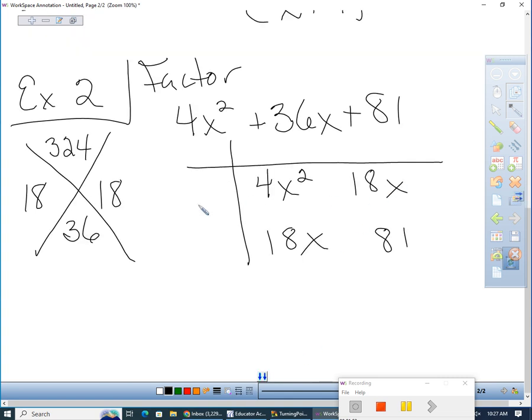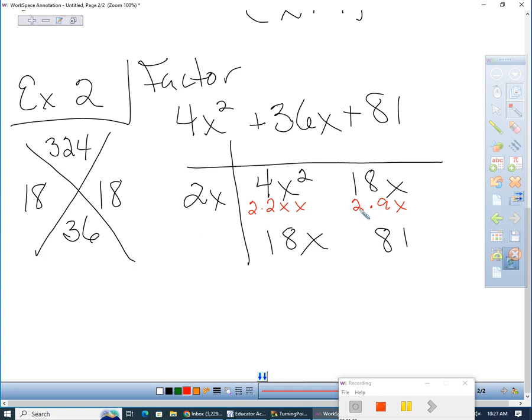Out of the top line, what do I have in common in both 4x squared and 18x? 2x, I agree. I can't take 4 out of 18, right? You can think of it this way: this is 2 times 2 times x times x, and this is 2 times 9 times x.